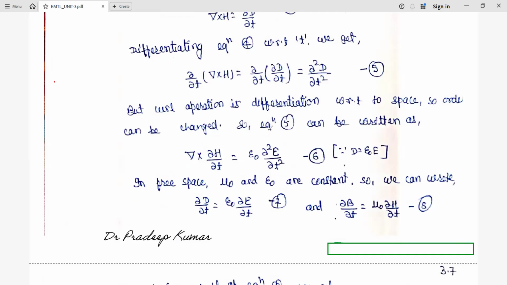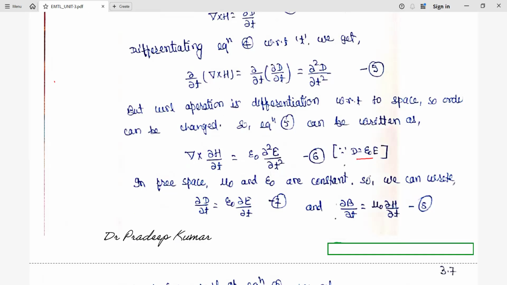So equation 5 can be written as del cross dou H by dou t. So that order we have changed here: del we have taken first and dou t later. So finally we have del cross dou H by dou t equal to epsilon naught dou square E by dou t square, since D is epsilon E.